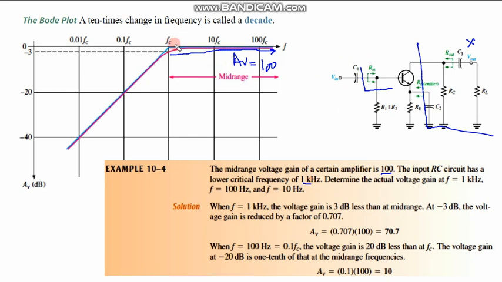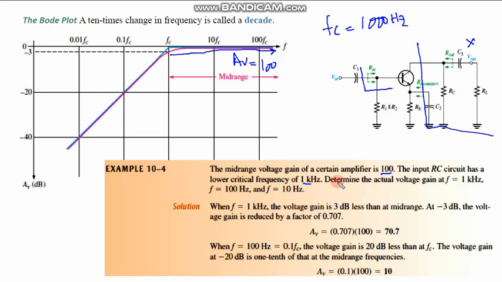So it means that the critical frequency FC is 1 kilohertz, so FC is equal to 1000 hertz.